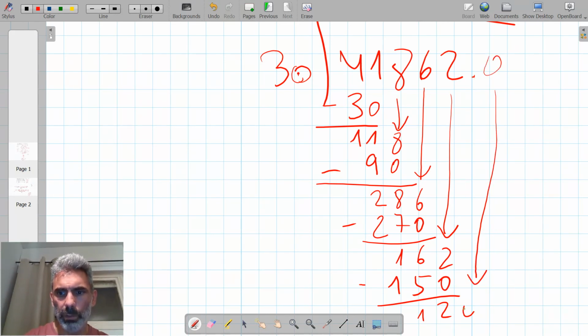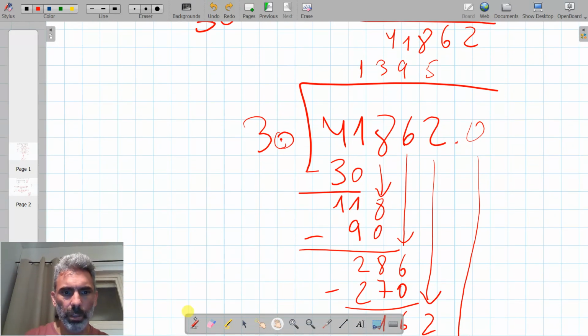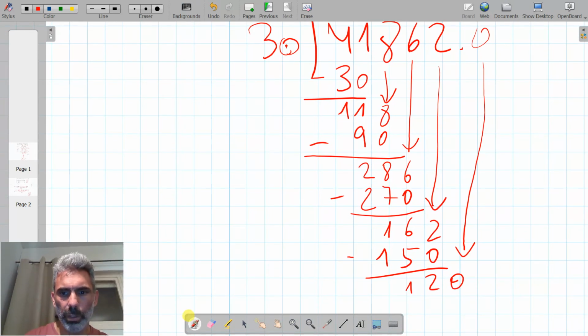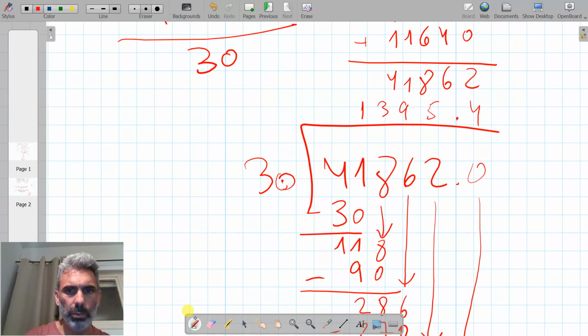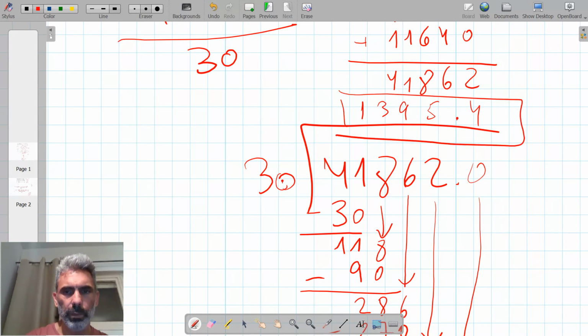Bring down 0. 30 goes into 120 four times. So we have a decimal point, 0.4. 4 times 30 is 120, and we have no remainder. So this should be the daily average.